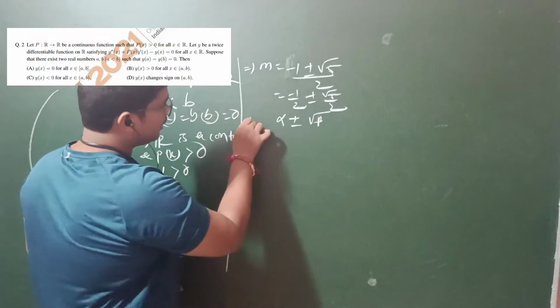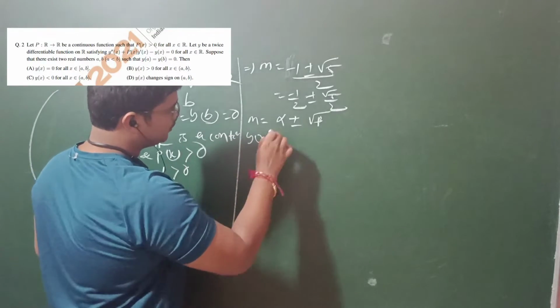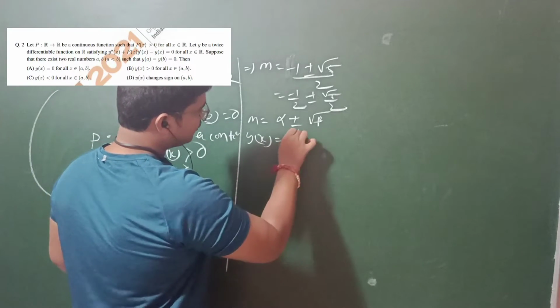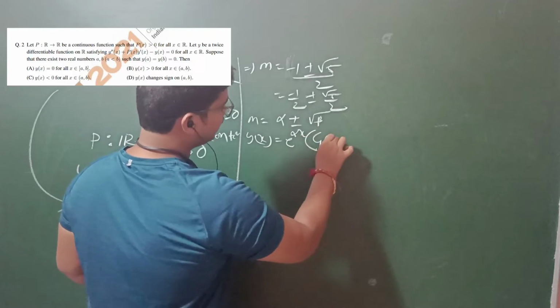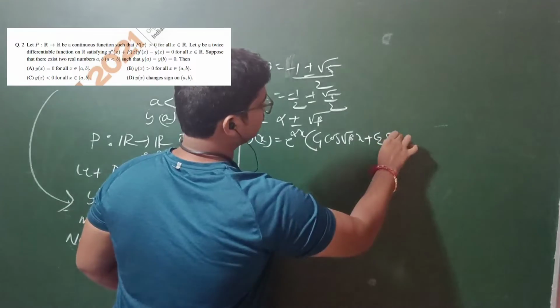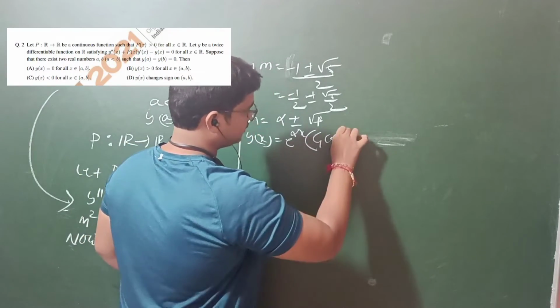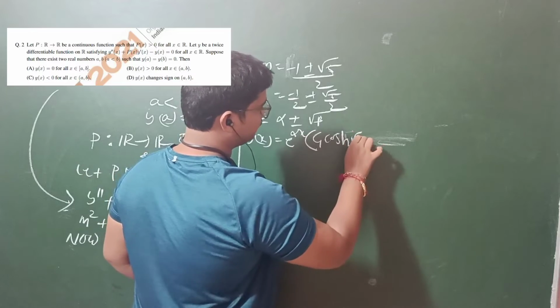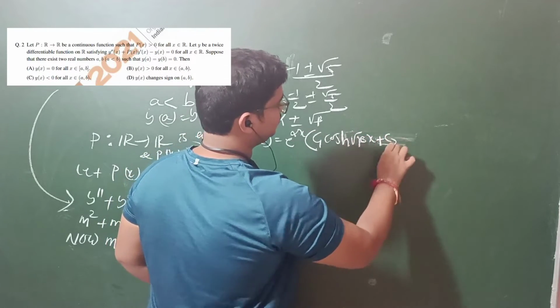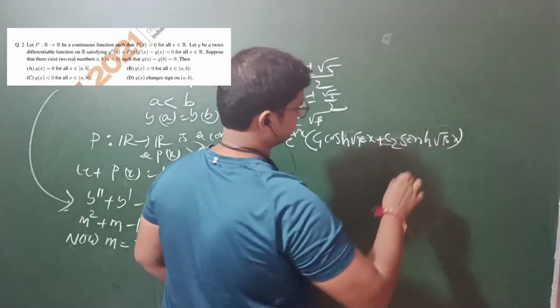We have the formula: if m = alpha ± root beta, then y(x) = e^(alpha x) (c1 cosh(root beta x) + c2 sinh(root beta x)).